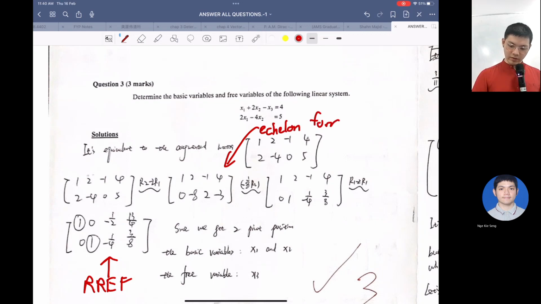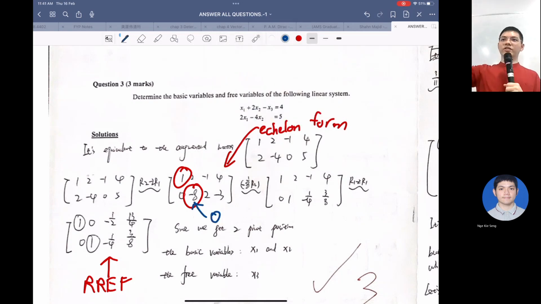From here you can already read out that these two are the pivots. Some of you, I'm not sure why, went and made this -8 into 0, and so your pivot changed. I'm not sure how you did it, but it's not possible, it's not inside the rules of the game.